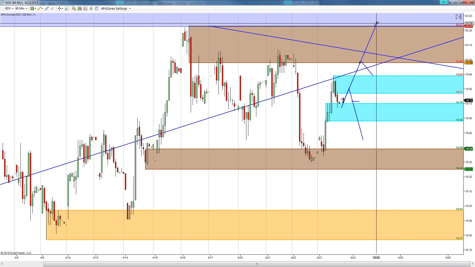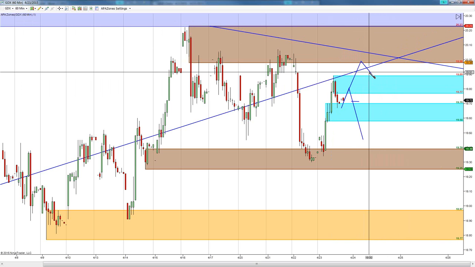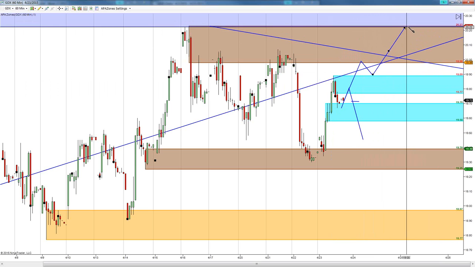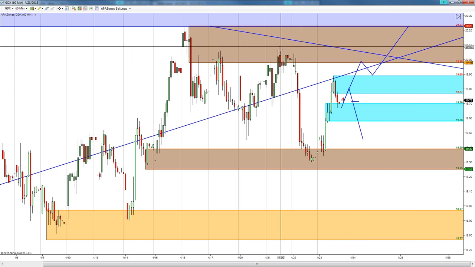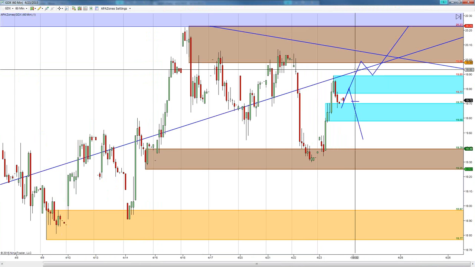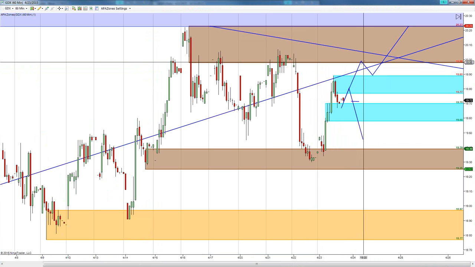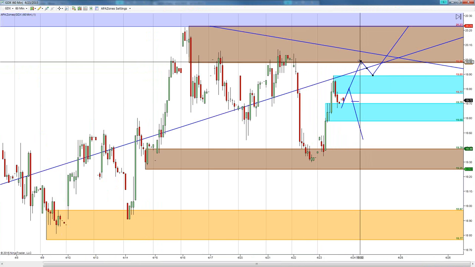Sure. I could see this area turning into future support and then coming on through. Okay, so that definitely could happen. I also want to be mindful of where that trend line is as well, because that trend line at 1997 could be our magic level, which actually puts it at the bottom of this brown zone right here.